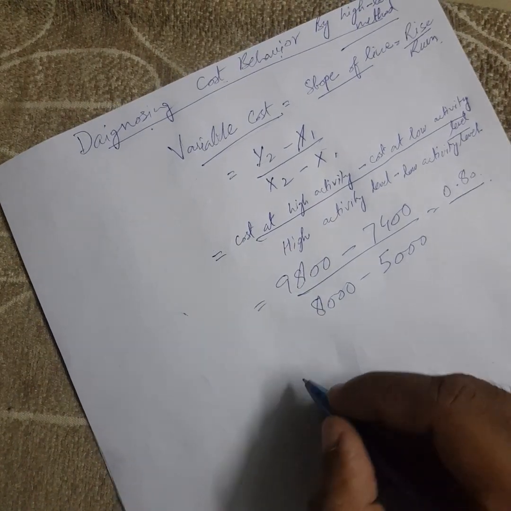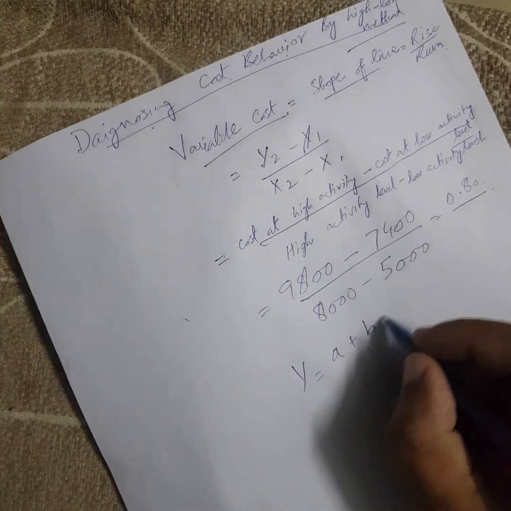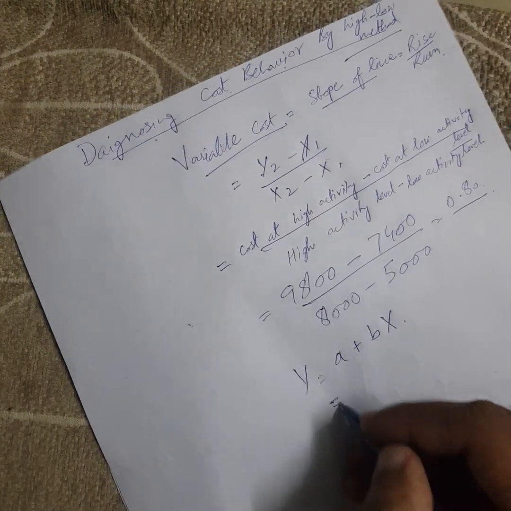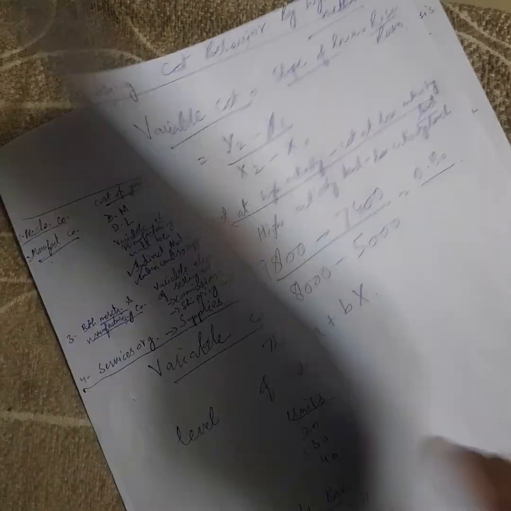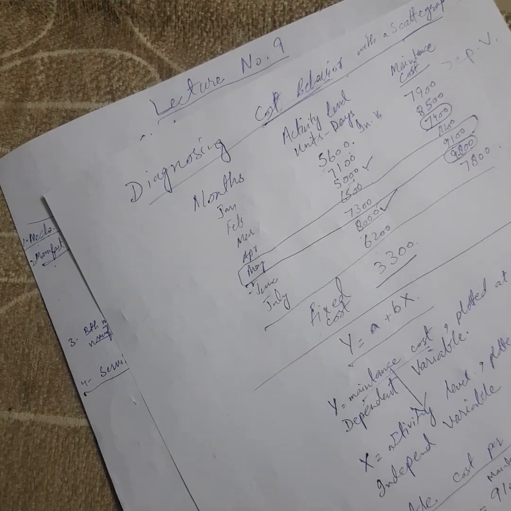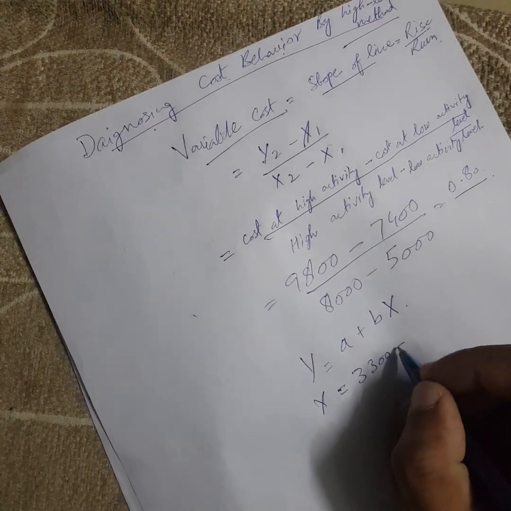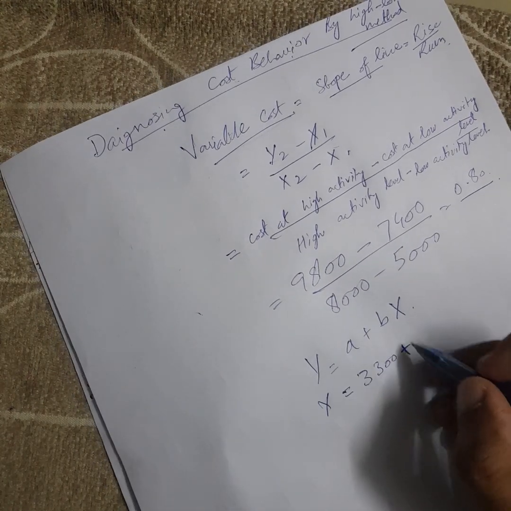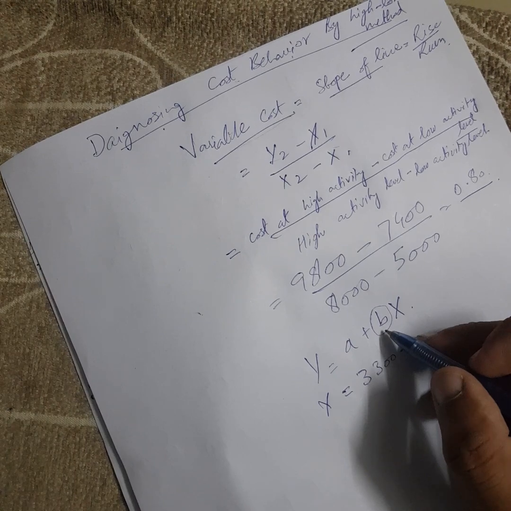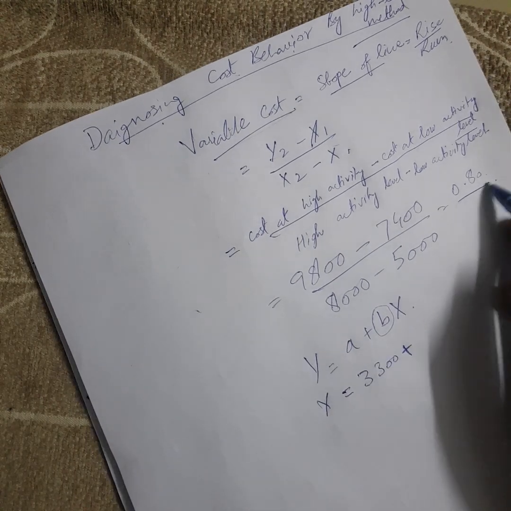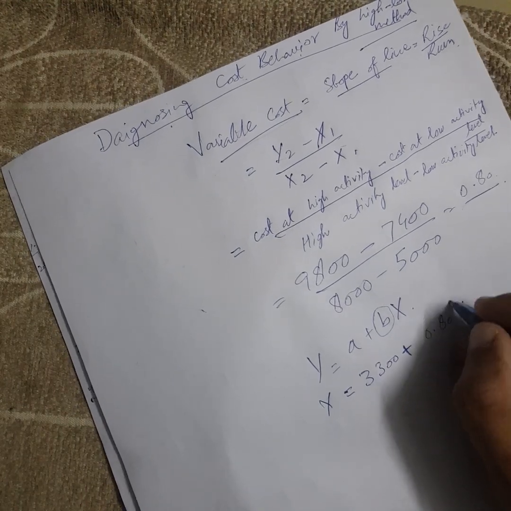Again your equation derives, that is a plus bx. So a is the fixed cost that was in this table, 3300. 3300 plus b, the per unit variable cost that we calculated, that is 0.80, and x is the activity level.